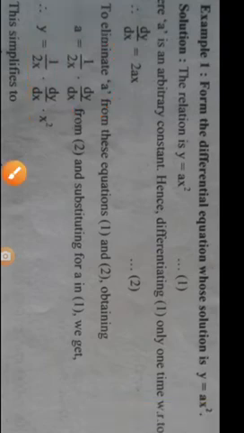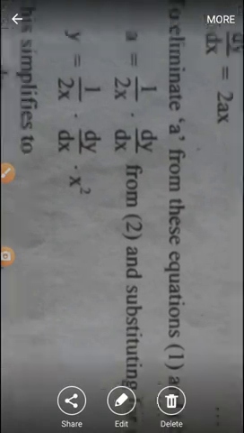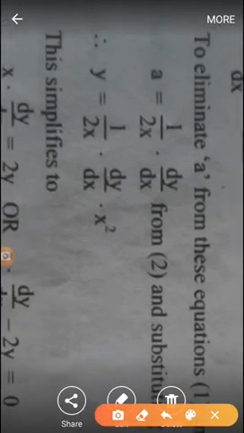When we put this value of a in equation number 1, we get y equal to 1 by 2x into dy by dx into x square. Here this x and x cancel out.